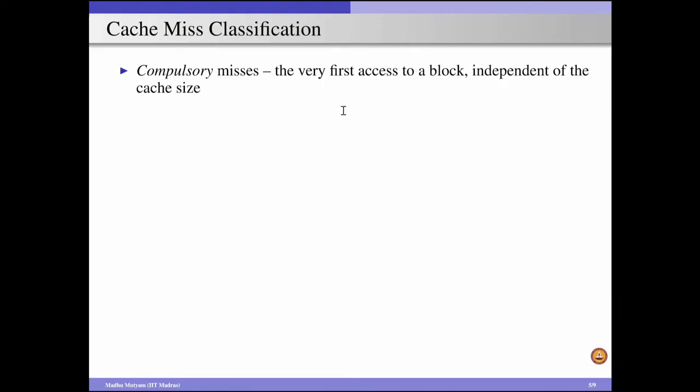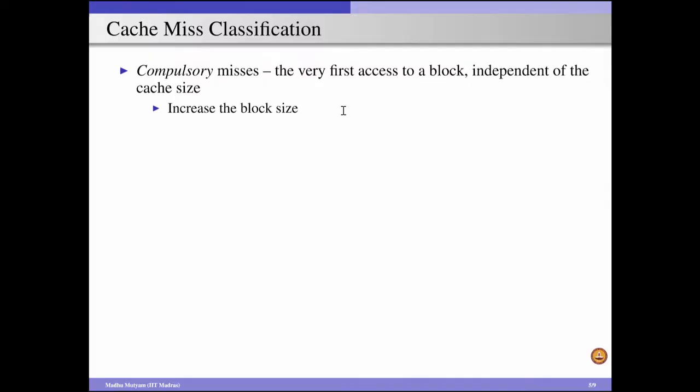The first one is called compulsory misses or cold misses. These are the misses that happen for the very first access to a block. Initially the cache is empty. When a processor generates an address, you cannot find anything in the cache, so we incur a miss because there is no data in the cache. This miss is called a compulsory miss.